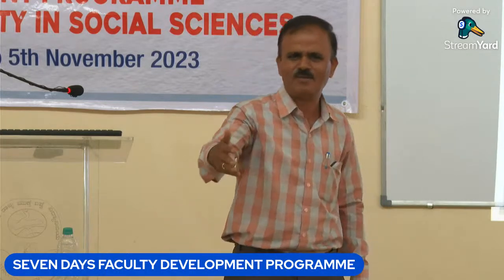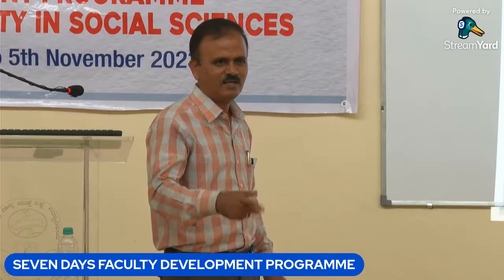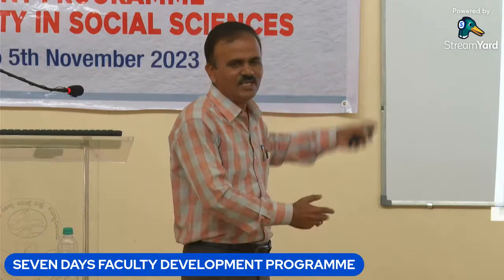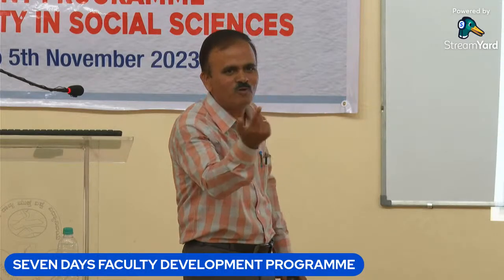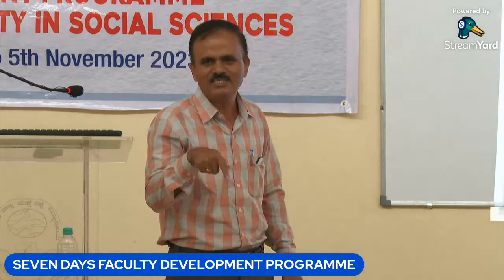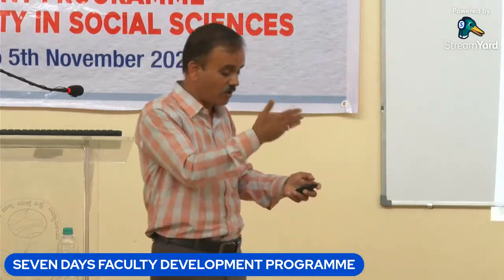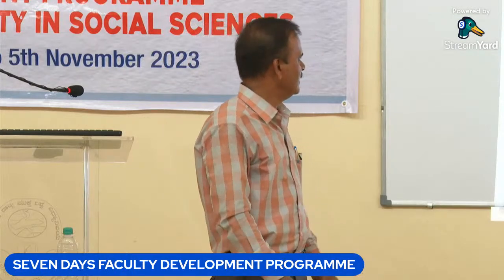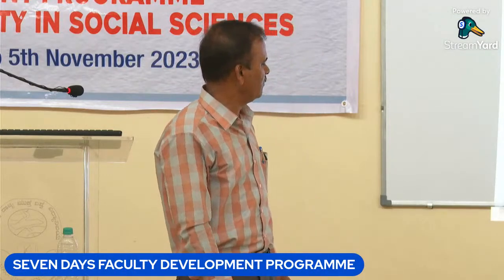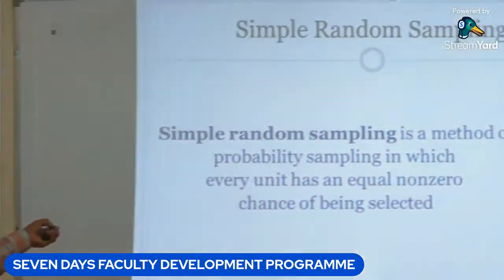There are several fundamental concepts which are essential to understand to do the research work. That's why it is also called random. A priori, it is not known who will be selected in our sample. Hence, it is a random experiment. And this is the simple random probability method, under which the units have an equal non-zero chance of being selected, as already noted.